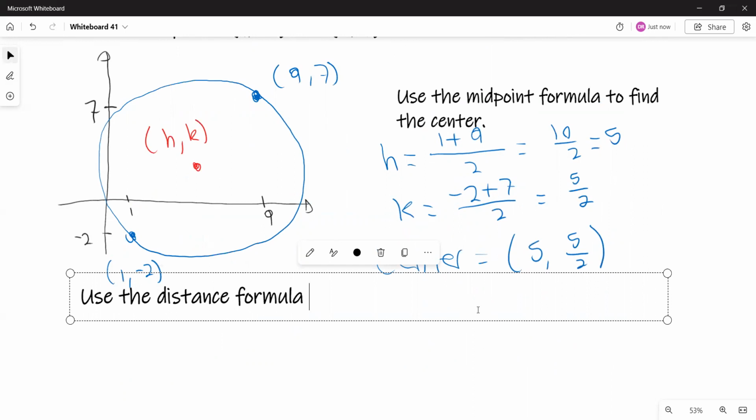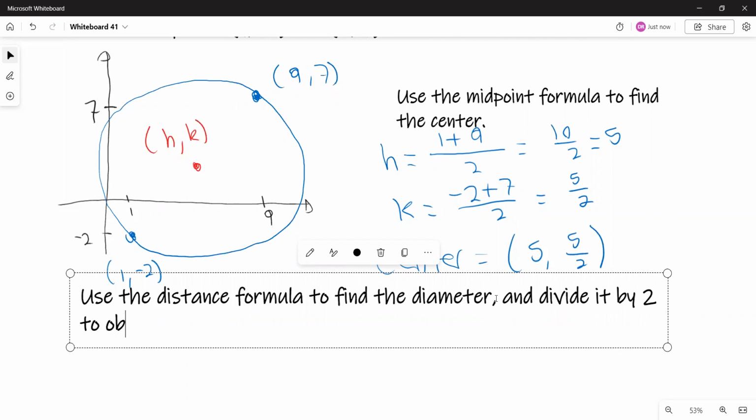Or, well, if I use the center to find the radius, I'm going to work with fractions. I prefer not to do that. So use the distance formula to find the diameter, and divide it by 2 to obtain the radius.